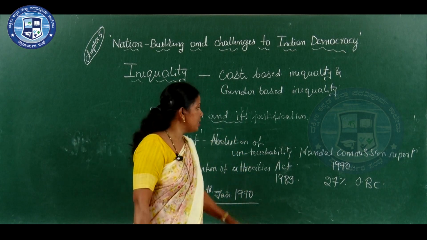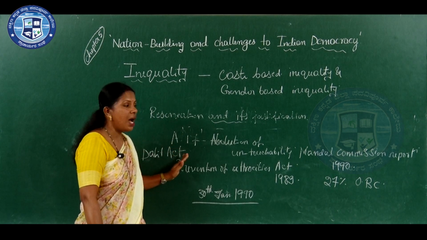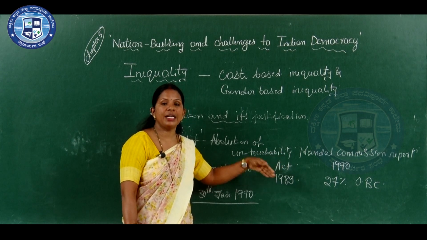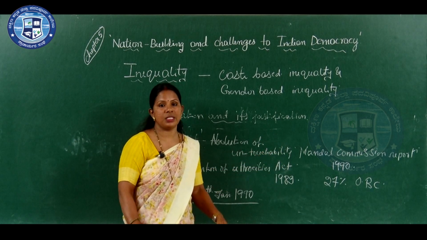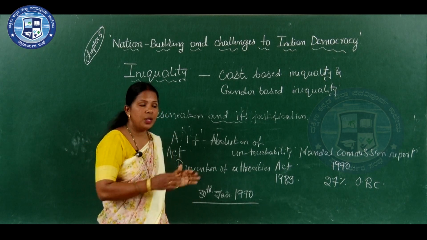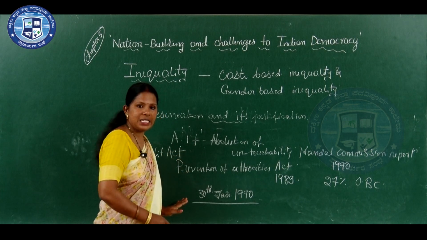See, dear students, this much is about the causes of the caste system, how it is an impediment to democracy and a slur on democracy, and what measures were taken by the Indian government to solve this problem that we have discussed here.